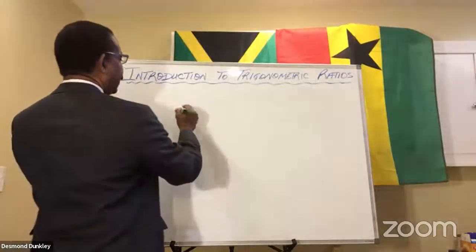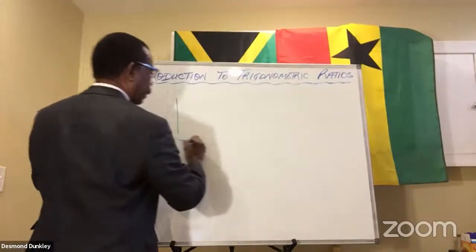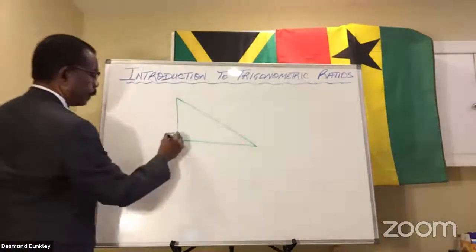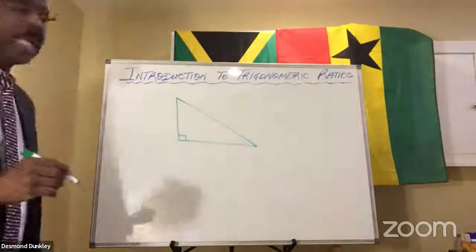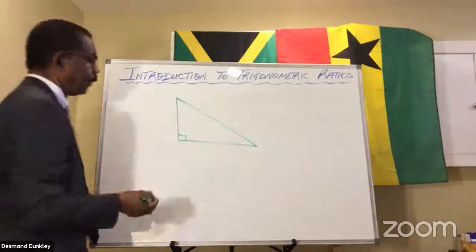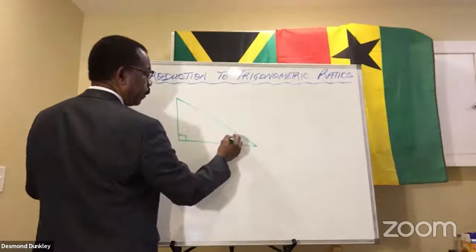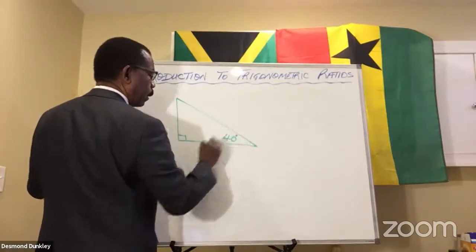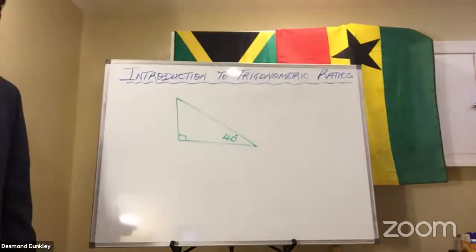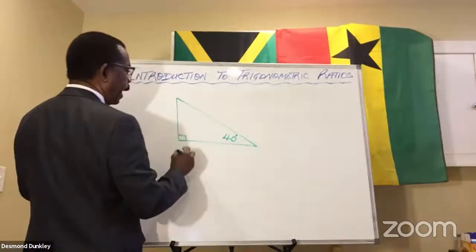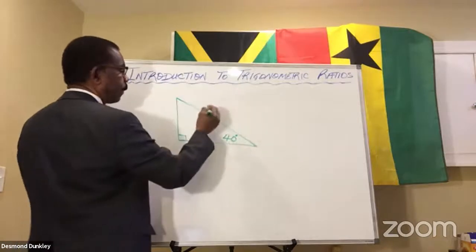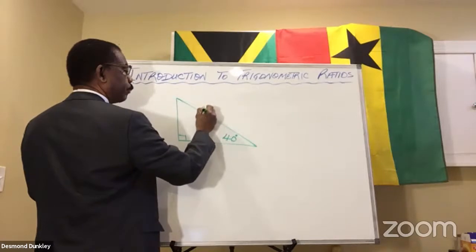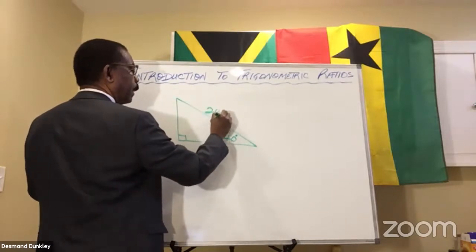So if you were given something like this, you're given a right triangle, and if I said to you that this was, say, 40 degrees, and I told you, for example, this was, say, 24 meters.